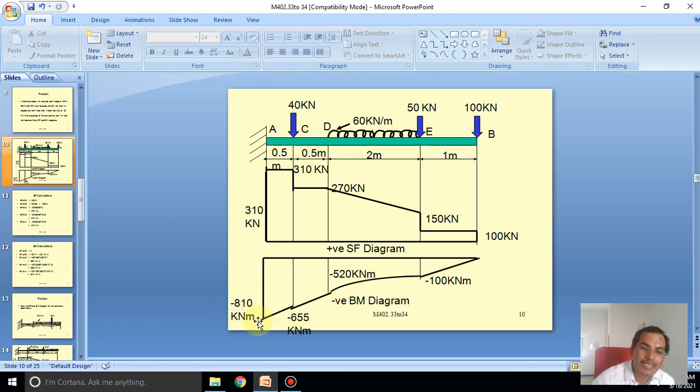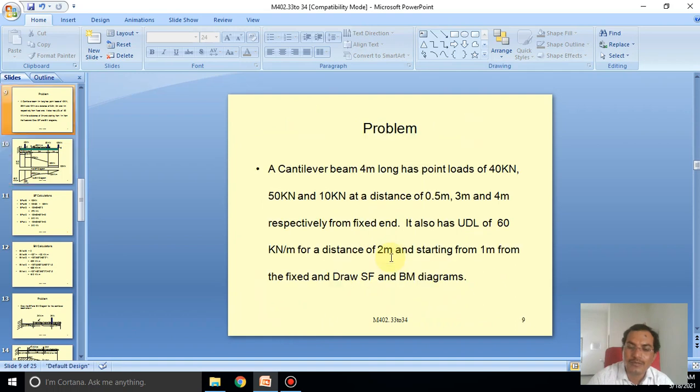So we draw the inclined line again, and join the inclined line, vertical line and horizontal line. That is the bending moment diagram. So minus 100, minus 520, minus 655 kilonewton meter, and finally the total bending moment is minus 810 kilonewton meter. This is the diagram for this problem.